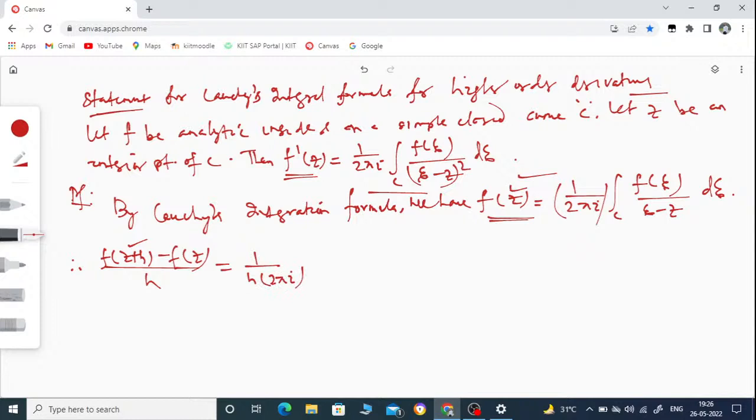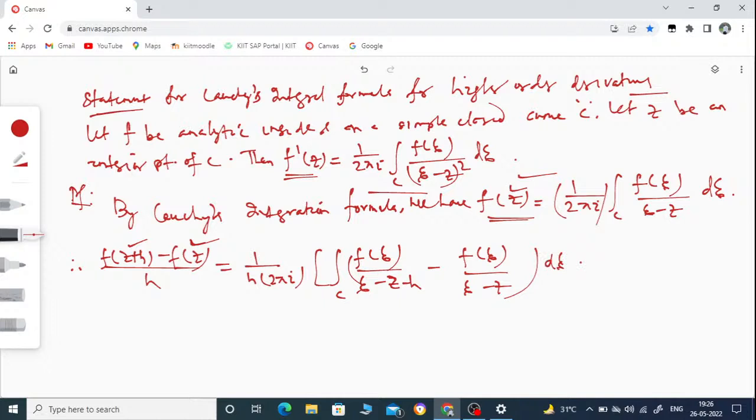Then what will be f of z plus h minus f of z? This will be the integral over C of f of ζ divided by ζ minus, in place of z I will write z plus h, so ζ minus z minus h, minus f of z, which is f of ζ divided by ζ minus z, dζ.